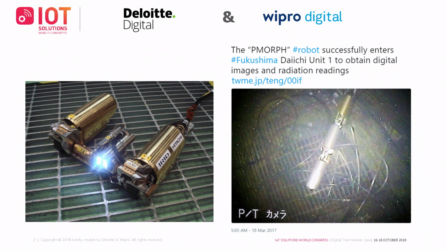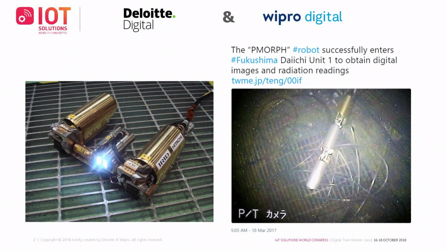Okay. So this is one example of a digital twin. What you're looking at here is a robot that Hitachi has created to help with the cleanup of the Fukushima reactor. You're asking, why is this a digital twin? Well, as you can imagine, it's a pretty dynamic environment that this robot had to operate in. The first robot that we deployed actually got stuck inside of the reactor.